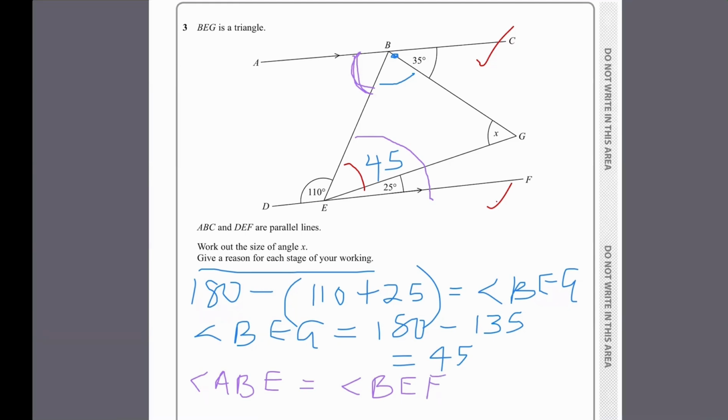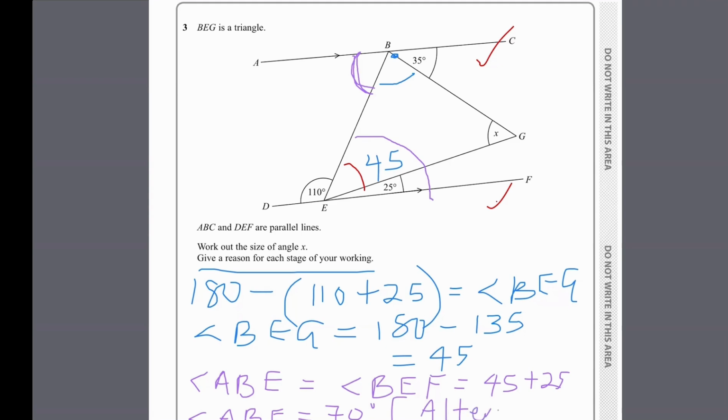And since angle PEF is 45 plus 20 plus 25, we can conclude that angle ABE is also 70, right? And the reason is because they are alternate angles.